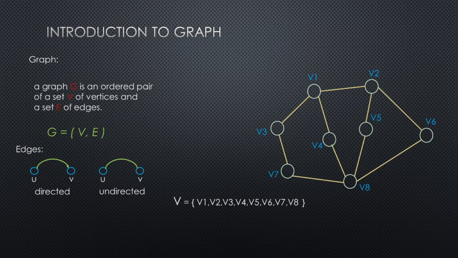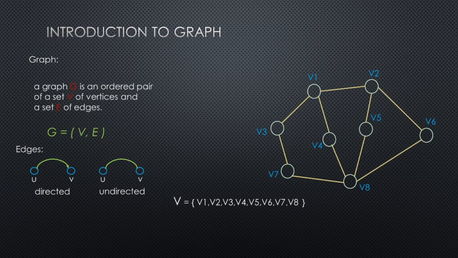With this directed edge that I'm showing you here, we are saying that there is a path or link from vertex U to V. We cannot assume that there is a path from V to U. This connection is one way. For a directed edge, one of the points would be the origin and the other would be the destination.